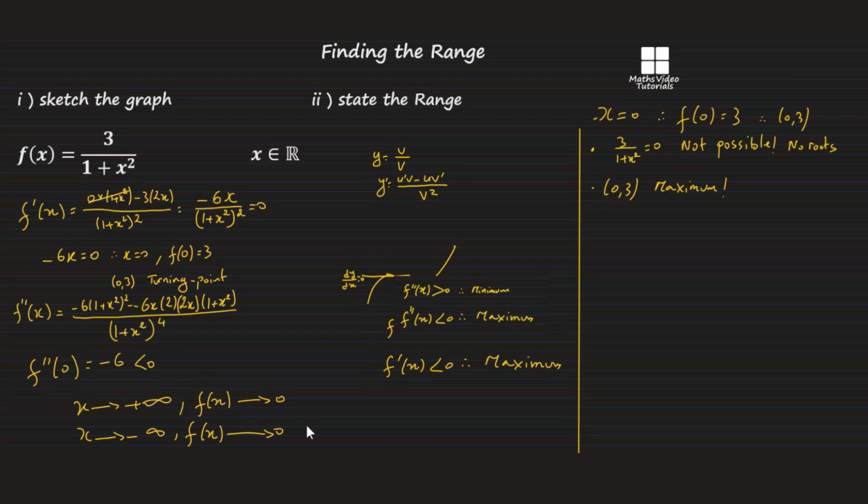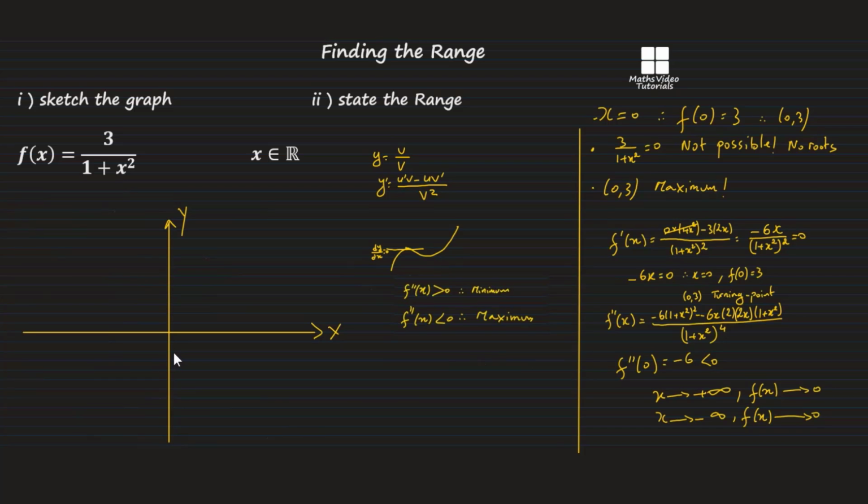All right, so let's sketch the graph. When you're sketching a graph, the first thing you need to do is mark all your important points. In this case, we haven't got that many. We've got the y-intercept, which is (0, 3), and at the same time it is the maximum we just worked out. So let's mark (0, 3) here, right?